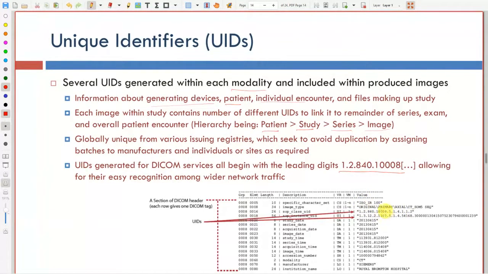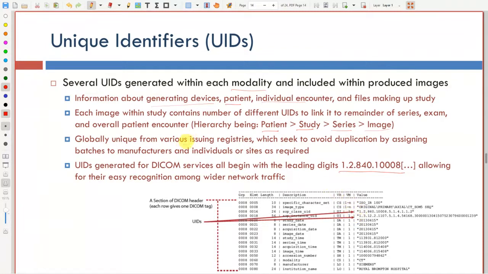But once you see these numbers, you can identify that this is a unique ID for an SOP class. So this makes it very easy to distinguish. If you have certain network traffic other than this, you can identify it very easily. And this makes things a little bit easier in the interface part.